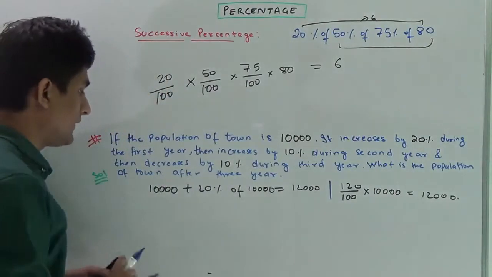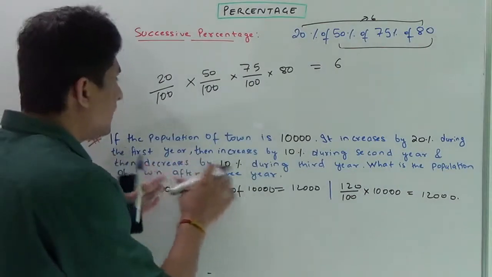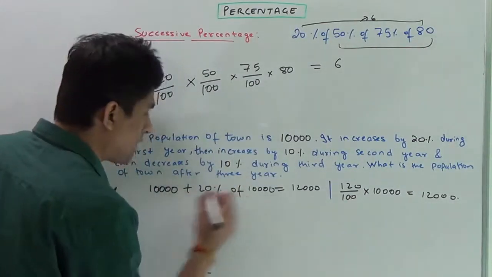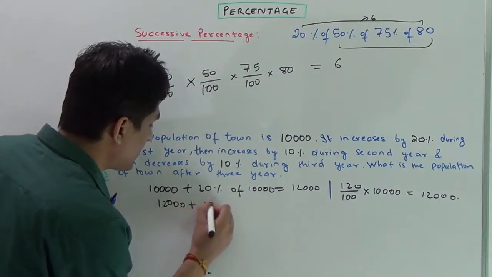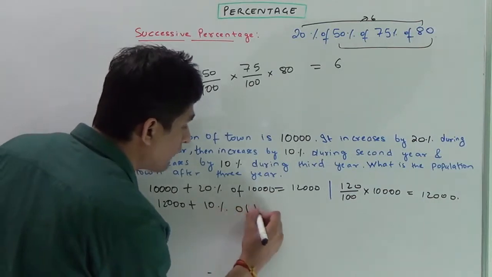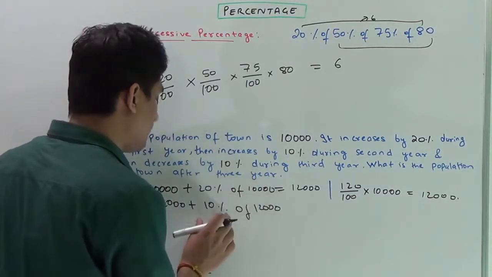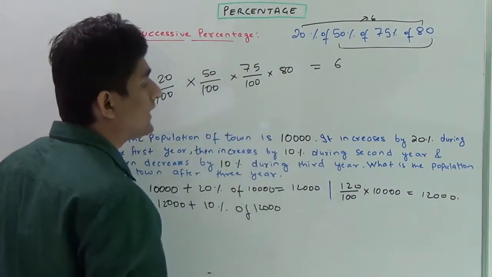Now in the next approach, in the second year, it has increased by 10% again. That means the population is 12,000 plus 10% of what? Of 12,000. Remember that earlier I said the population increases on the population at the starting of that year.